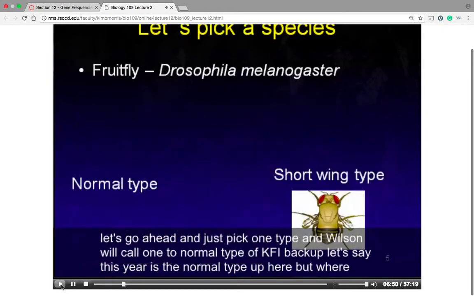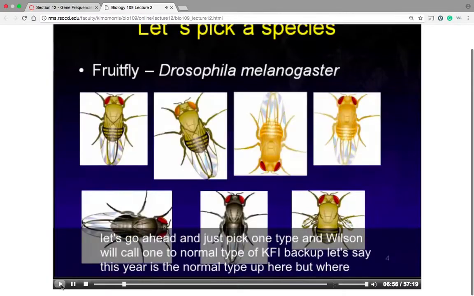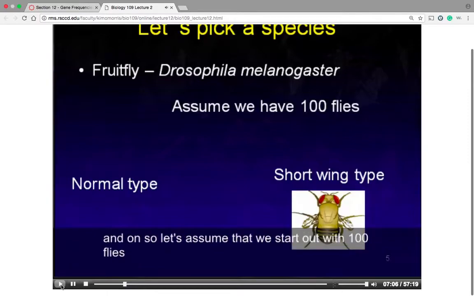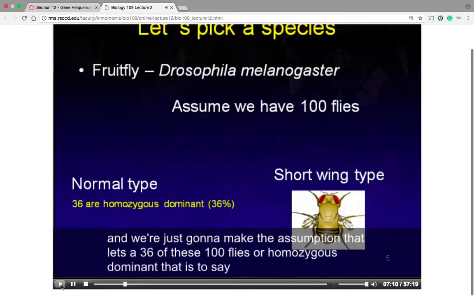Let's pick one type, and we'll call one the normal type. If I back up, this here is the normal type up here, but we're concerned with this one down here as well, the short wing type. Let's assume that we start out with 100 flies, and we'll assume that 36 of these 100 flies are homozygous dominant.